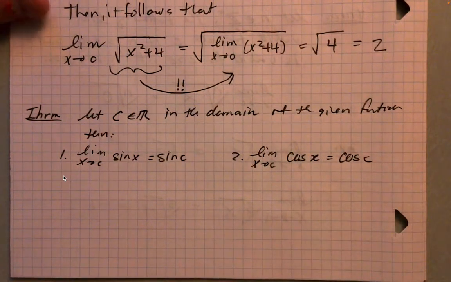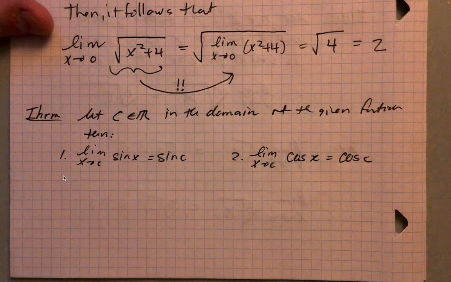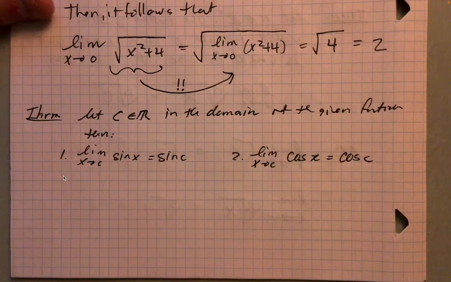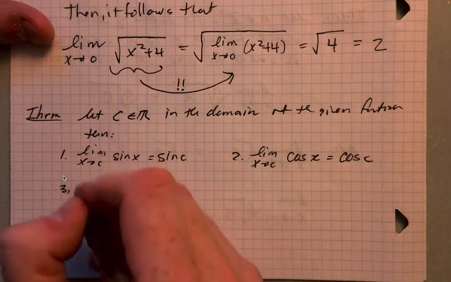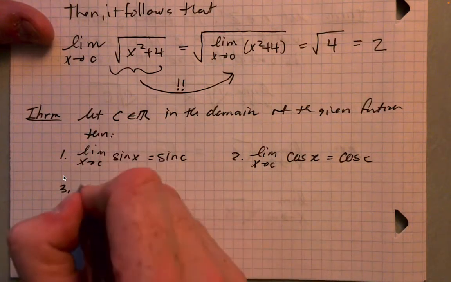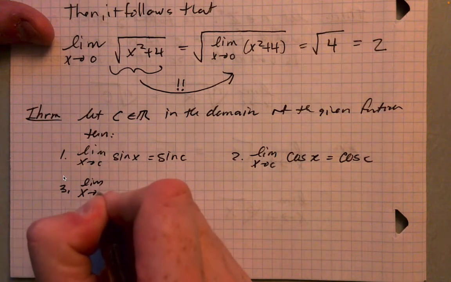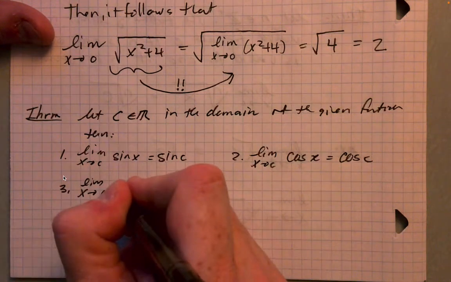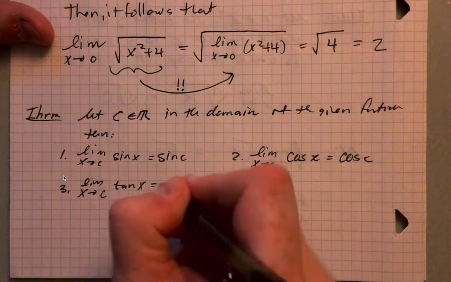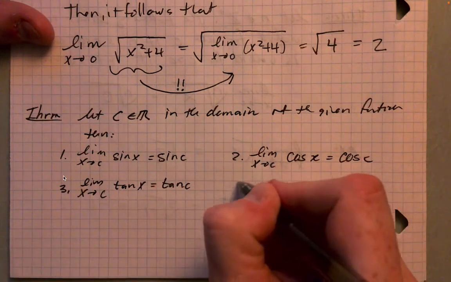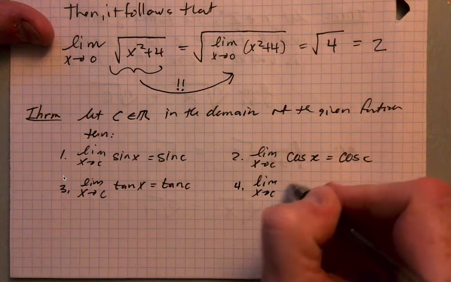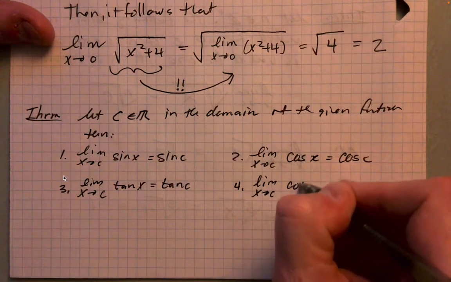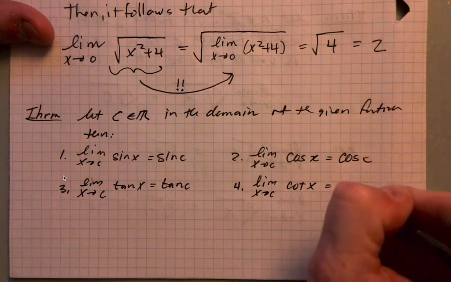Okay, so that's nice. So the cosine and sine, it's true for the tangent, cotangent, secant, and cosecant as well. So in the interest of thoroughness, I'm going to write them all out. Limit as x approaches c of the tangent of x is equal to the tangent of c. The limit as x approaches c of the cotangent of x is equal to the cotangent of c.